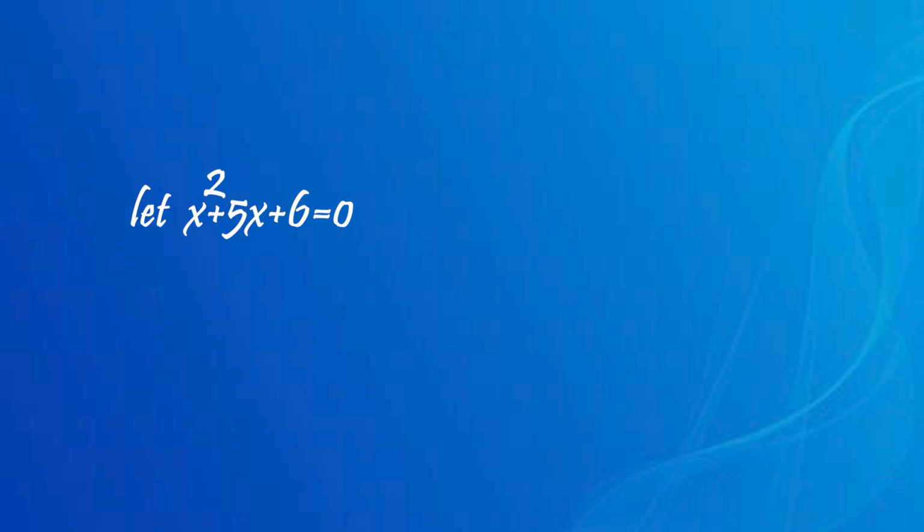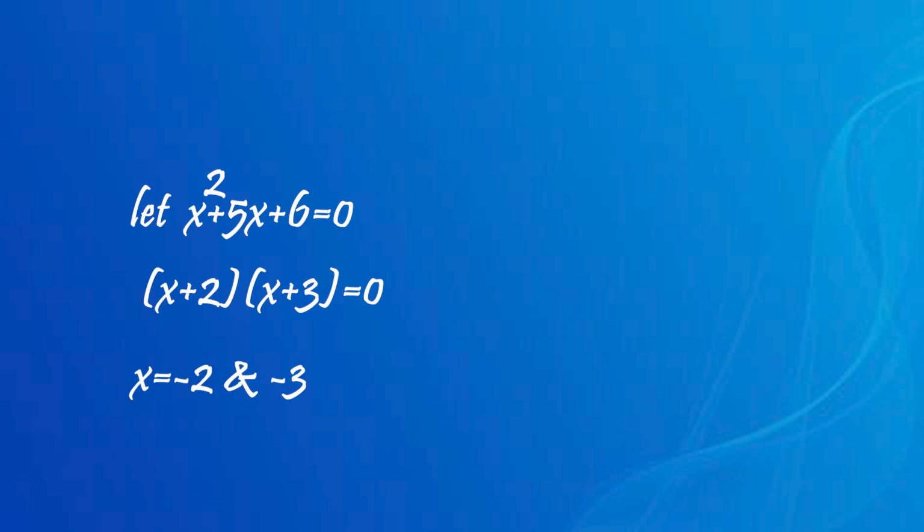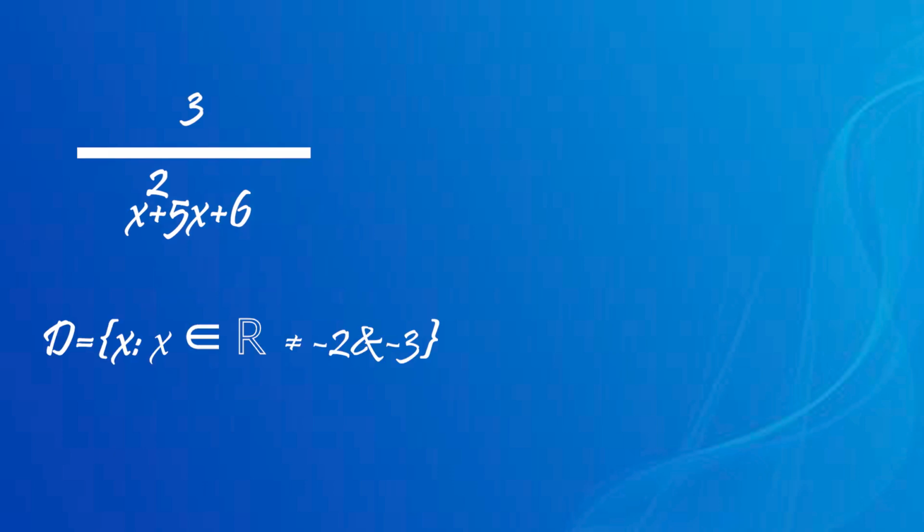When you factorize it, it becomes x plus 2 multiplied by x plus 3. So finally we will get the values of x, negative 2 and negative 3. These two values make the function undefined. So the domain of 3 over x squared plus 5x plus 6 is all the real numbers except negative 2 and negative 3.